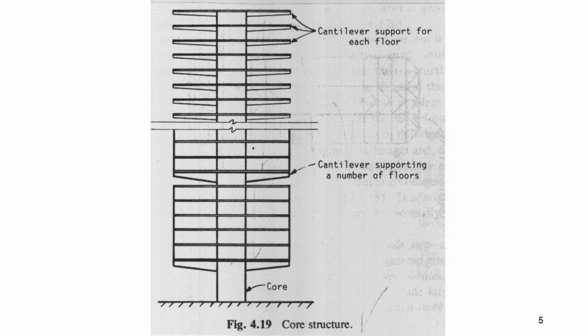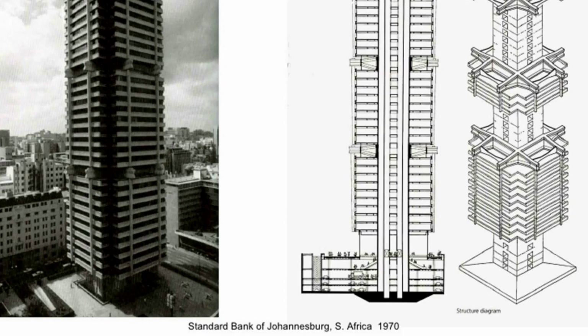This type of structure will introduce warping. Example of tall building with a core structure can be seen in the Standard Bank of Johannesburg, South Africa, 1970. The building consists of floors, which are suspended from cantilevered arms in group of 10 floors.